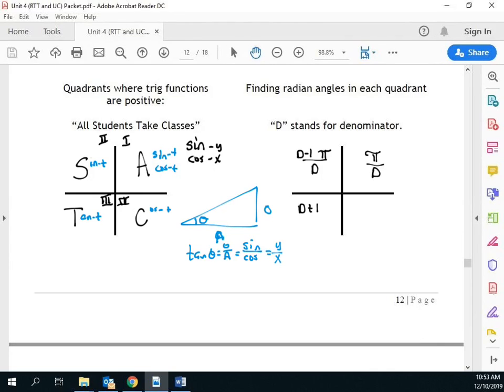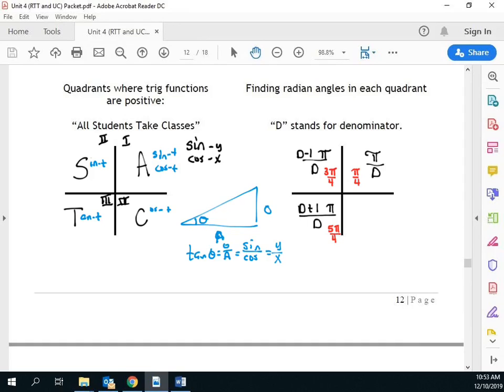Third quadrant, it's plus 1. So in the third quadrant, it's 5 pi over 4. And then find the last one.